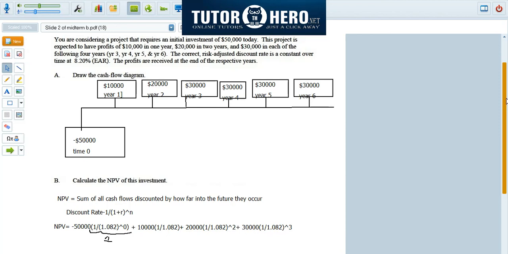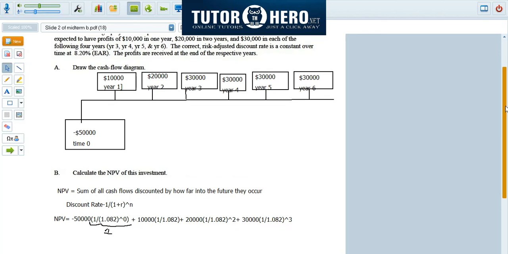And then we're going to have 3 more of those, right? Year 4, year 5, and year 6. And they're going to go the same way. So $30,000 is the payment, and it's discounted by 1 over 1.082 to the number of years in the future it occurs. So I'm running out of space here, so what I'm going to do is go down a little bit and keep adding.